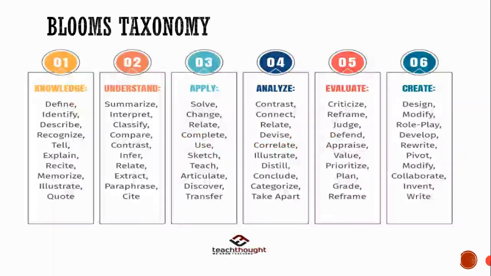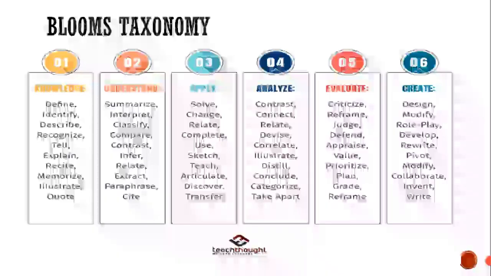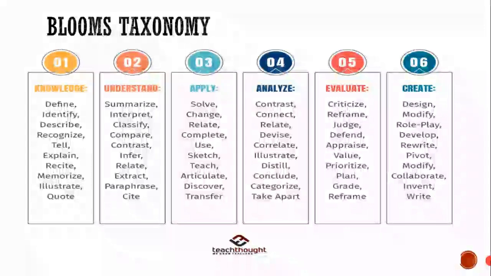And when I talk about Bloom's taxonomy, focusing on the cognitive domain of learning, there are specific 6 areas that you need to assess, depending on the qualification levels, either dealing with level 3, 4, 5, or 6. It depends on which levels of cognitive domain you want to assess.